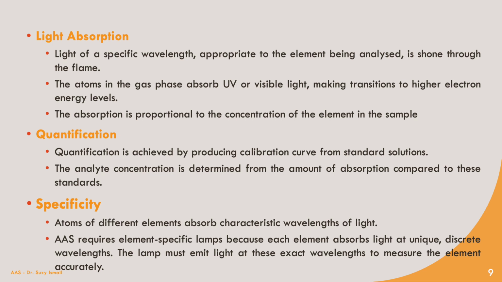This wavelength is chosen based on the element we are analyzing. So when the light passes through the flame, the atoms are in the gas phase, there are atoms flying around, and these atoms will absorb the ultraviolet or visible light, based on the light that we shine.